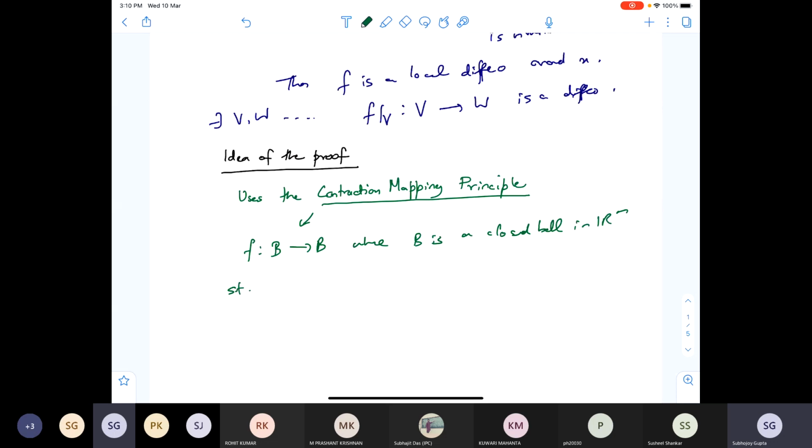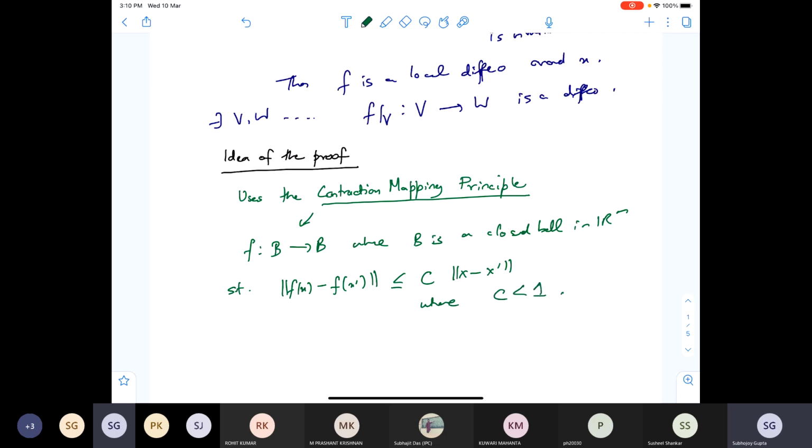So the distance between the images here, if I think of it as an Rn, I can use the usual Euclidean distance. So if you take images of two points x and x prime, the distance between f of x and f of x prime is less than c times the distance between x and x prime, where c is something strictly less than 1.